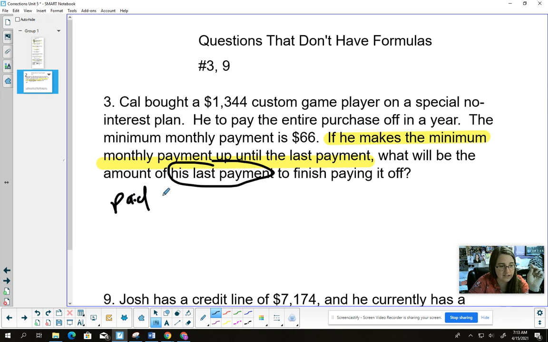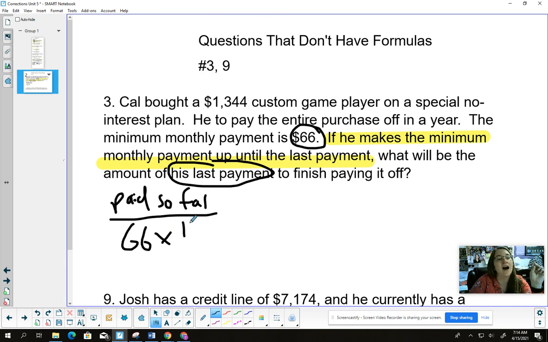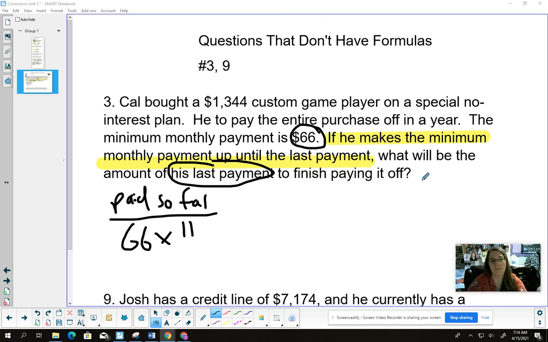So what he has paid so far is only this minimum, again, yours is different, times 11. He has not paid the 12th month yet. That was the point. He is going to have to pay the rest in the 12th month if he doesn't want to pay interest. Yeah. So this, whatever this comes out to be, is what he's paid so far.